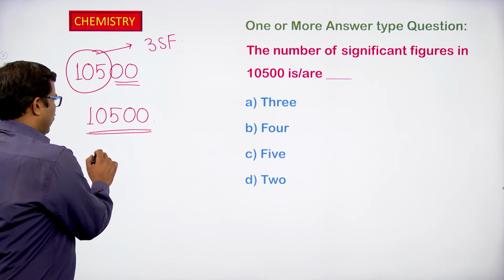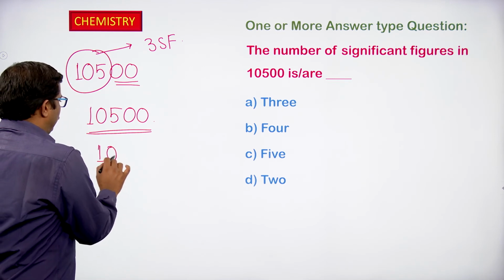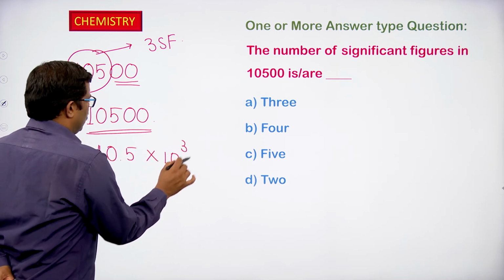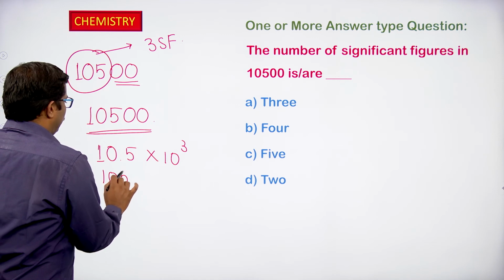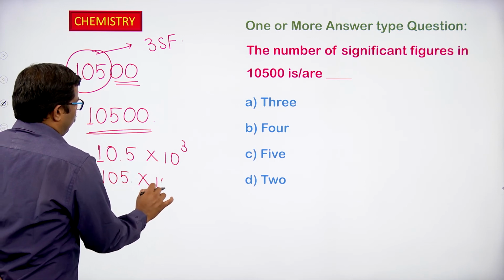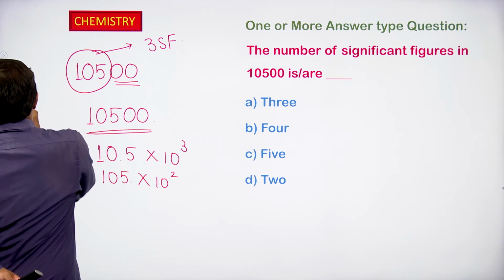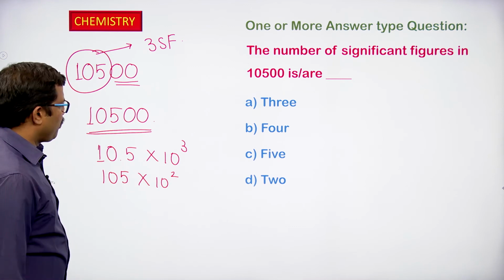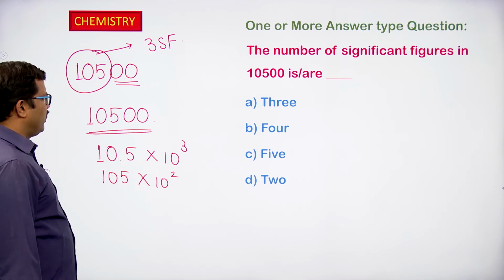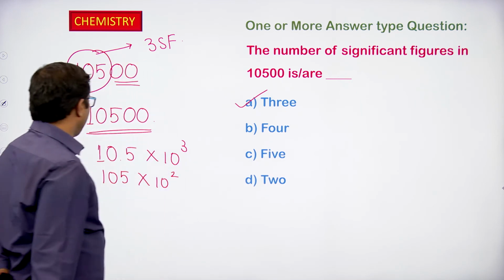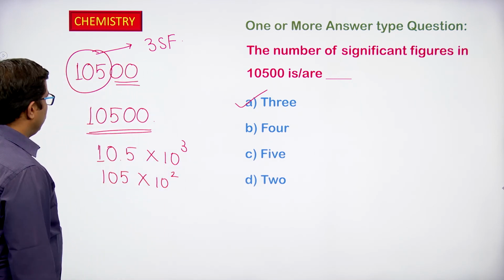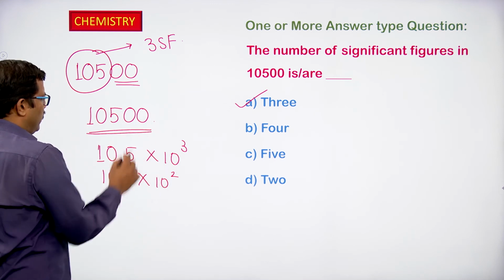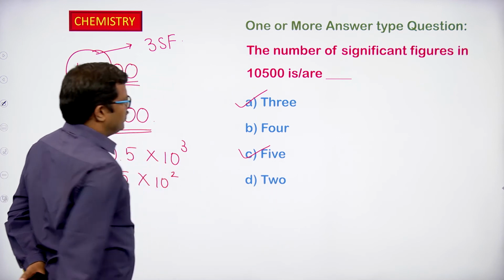And if we are going to write it as 10.5 into 10 to the power of 3, or it is 105 into 10 to the power of 2, we can have 3 significant figures. And if we are going to keep a decimal point here, we even get the 5 significant figures.